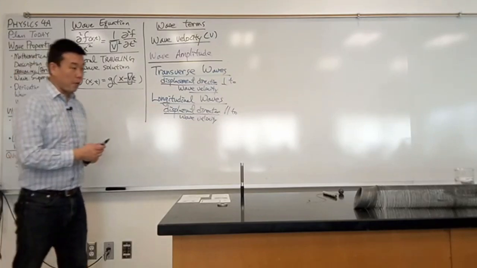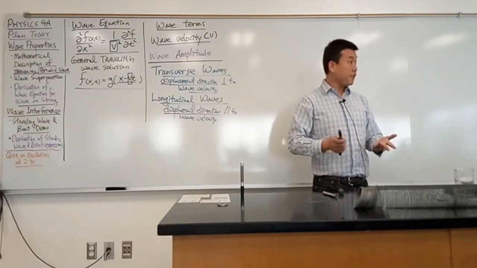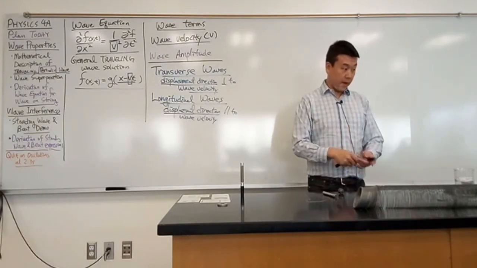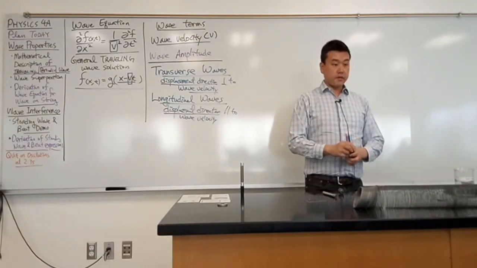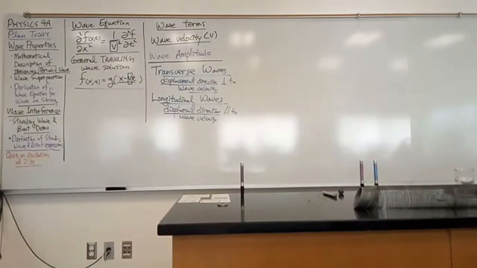And there are actually quite a few examples of longitudinal waves. The most common one that you should know is the sound wave. Sound waves are longitudinal because of the way sound is generated, through something like this speaker that you will see in your lab today. It's a tiny speaker, but I do have bigger versions. One way you can generate sound waves is with a speaker.